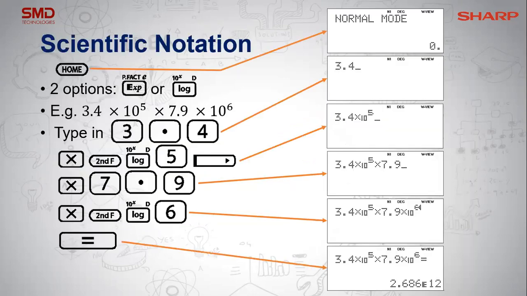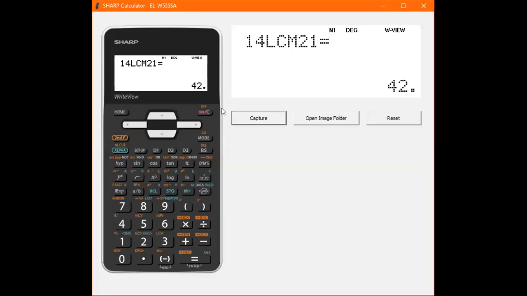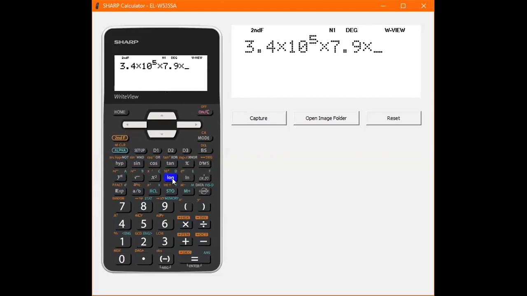Now, for scientific notation, you can actually just do it on the calculator because it's a grade 8 thing. So they should have a scientific calculator at this stage. If we have 3.4 times, we can do it just standard as typing in the 10, putting in an exponent, and then typing in the power of the exponent, which is 5, times 7.9, or we can use a second function and log, and you'll see it just gives us that 10 to the x.